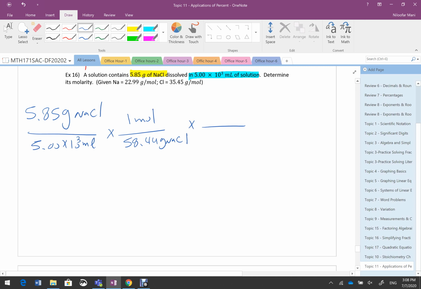I want to cancel milliliter. Milliliter is down, so I write milliliter up, and liter here. So milliliter is 10 power minus 3 liter. Now I cancel. This and that I cancel. This and that I cancel. So what is left? Mole per liter and all of these numbers.